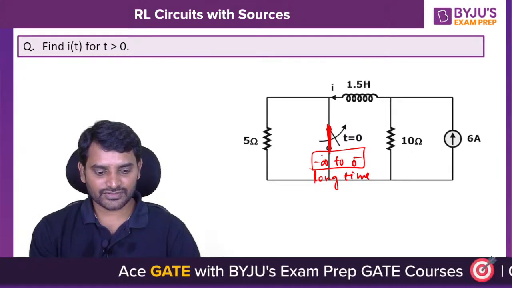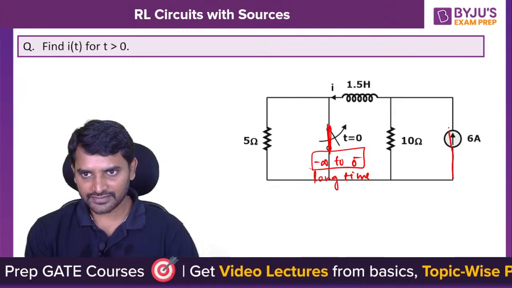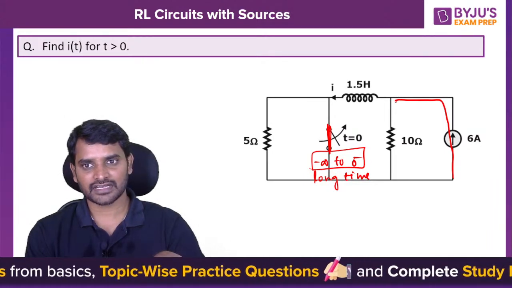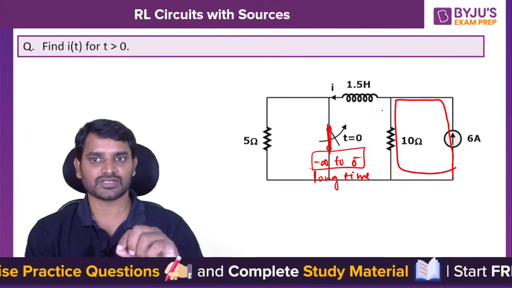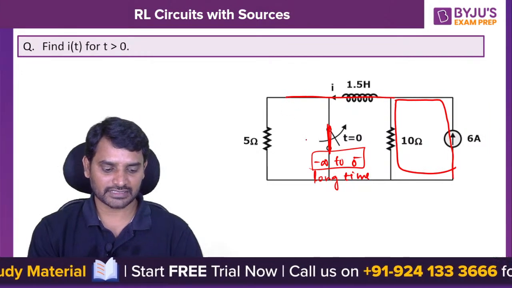So if the switch is closed for a long time, definitely this current source is connected with the network, and that current source will drive some current through the 10 ohm resistance, and it also drives the current through the inductor.